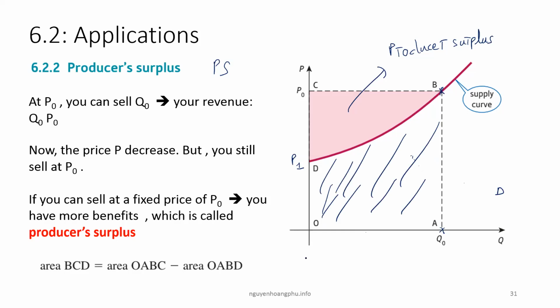So for producer surplus, PS will be equal to P0 Q0 minus what?